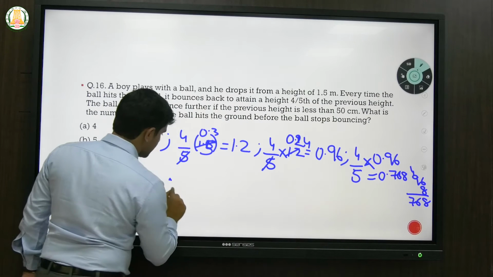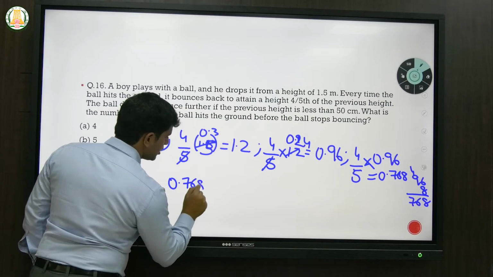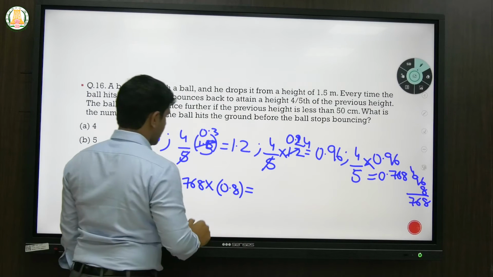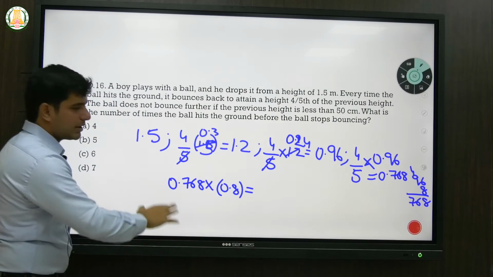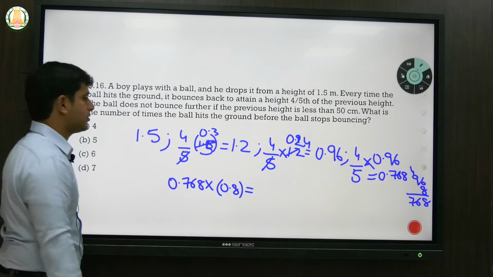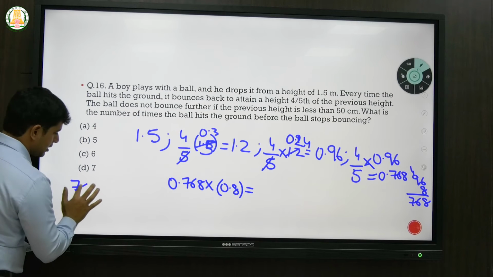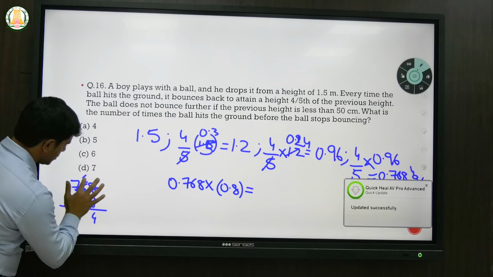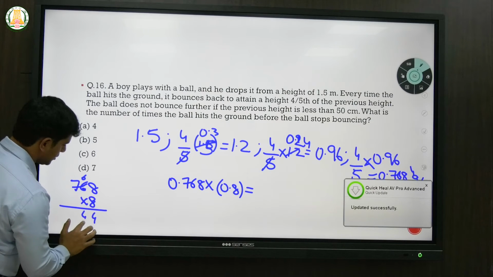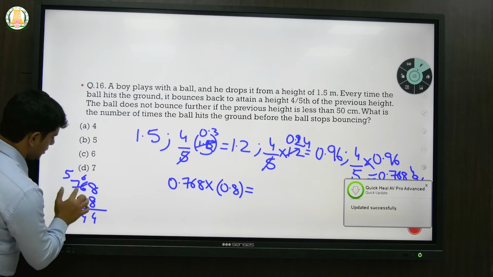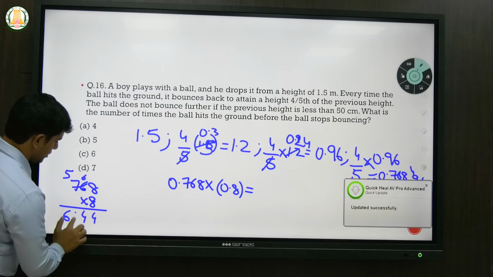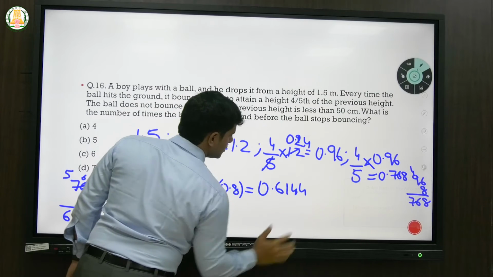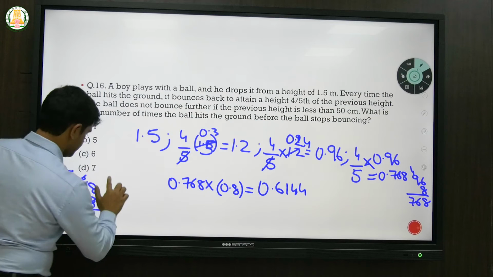Now again 0.768 into 4 by 5 or 0.8, whichever you think is good. Okay. Since you can't use a calculator, this you have to do on your own in the exam also. So you have to be well versed with your calculation. Don't make any errors in that. 64, 48 plus 6. 54, 56 plus 1, 61. So this comes up to 0.6144.